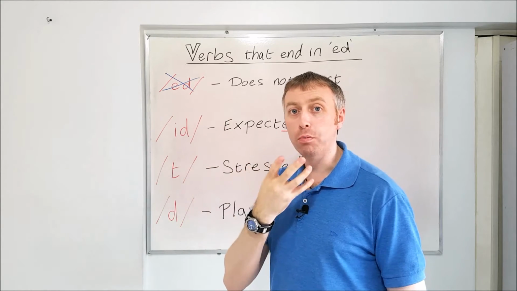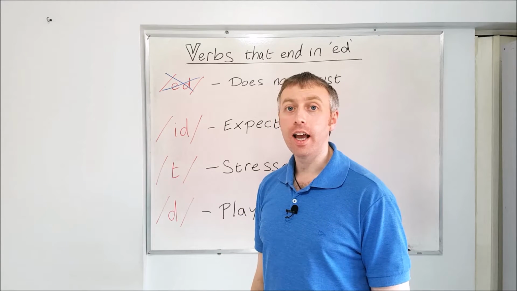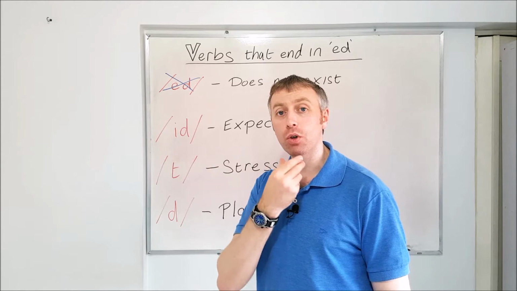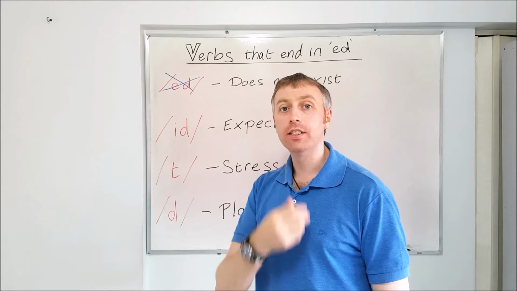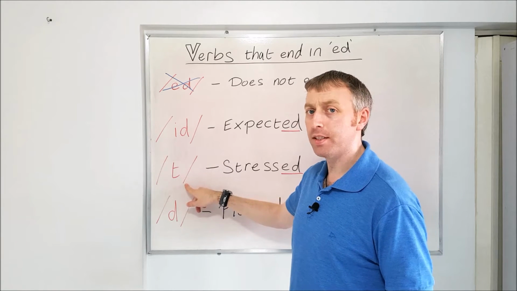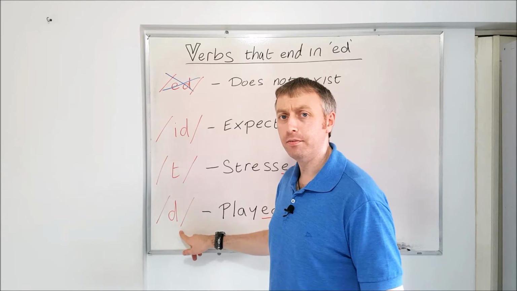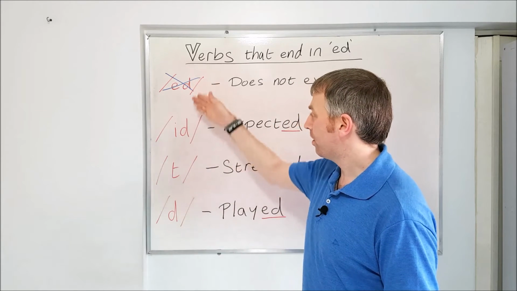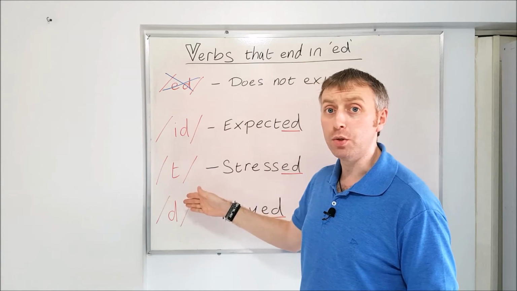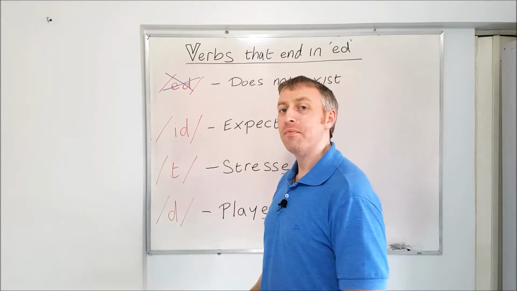"Ed" is a very open mouth. "Ed", that's wrong. "Id". If you look, it's just my jaw dropping. "Id". T. And d. So these are the three sounds that you're going to use instead of this forbidden ed.